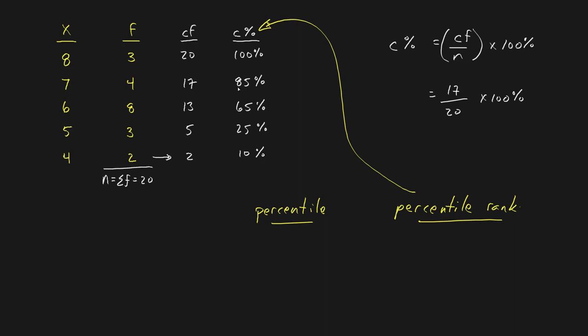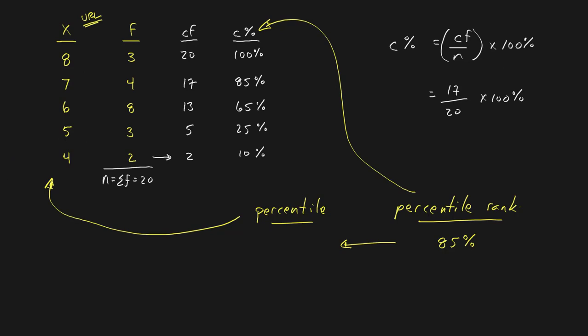So for example, this 85% is a percentile rank for a particular percentile. Percentiles come from the score column. Percentiles are the upper real limits of your scores.